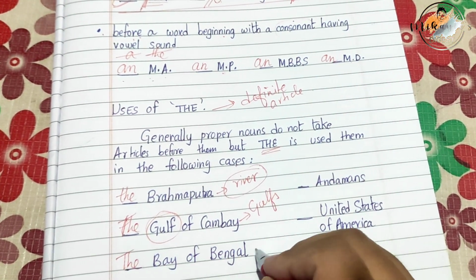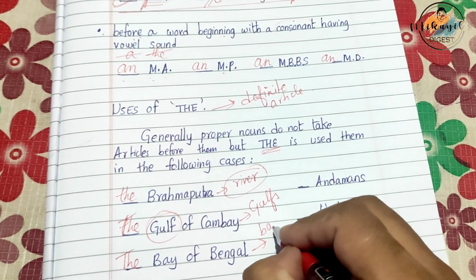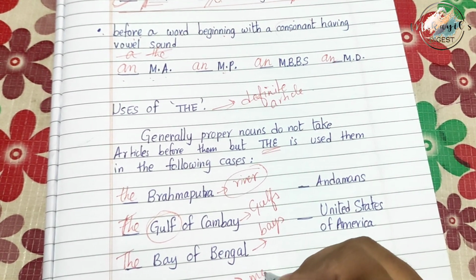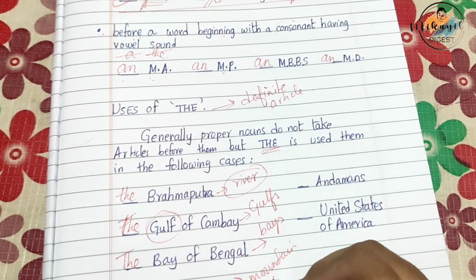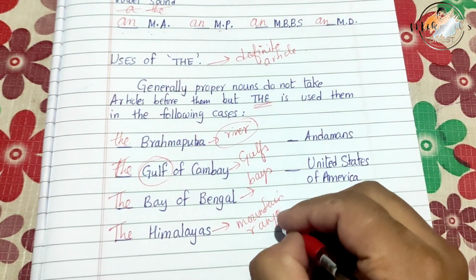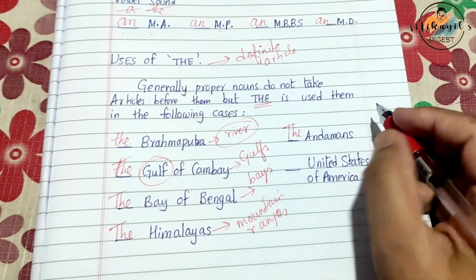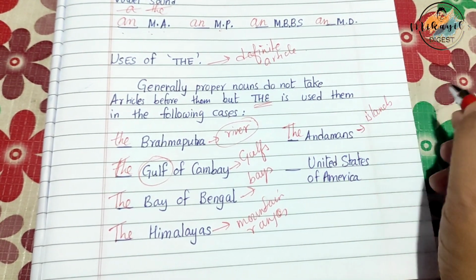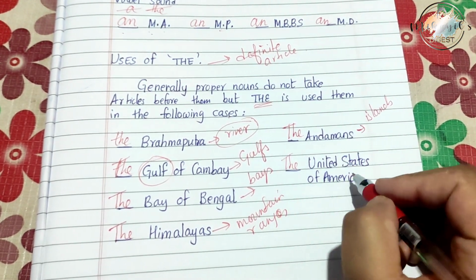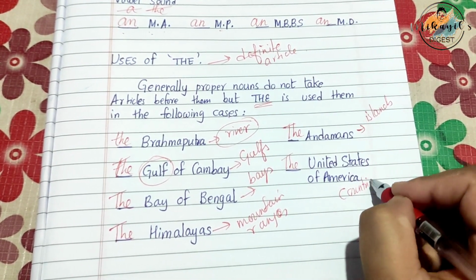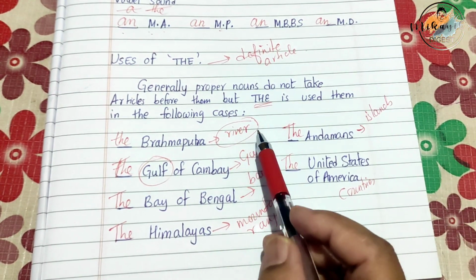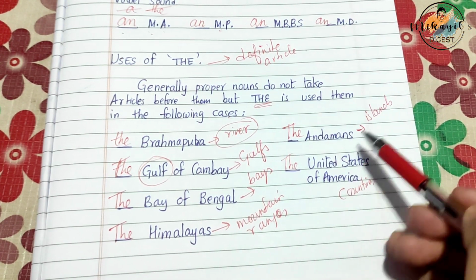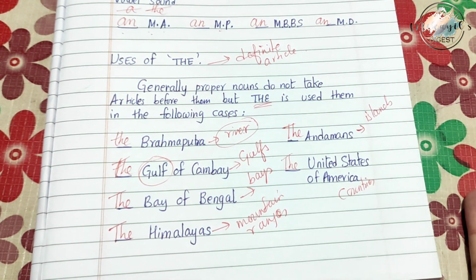The Bay of Bengal, before bays. The Himalayas, before mountain ranges. The Andamans, before islands. And lastly, the United States of America, before countries. So we can use the before rivers, gulfs, bays, mountain ranges, islands, countries, and there are many more.